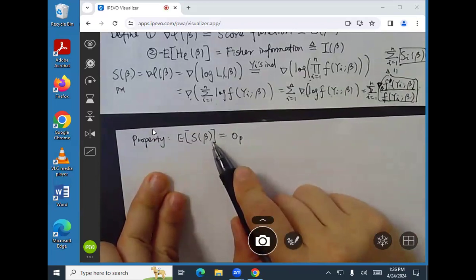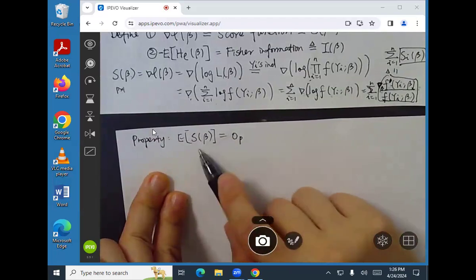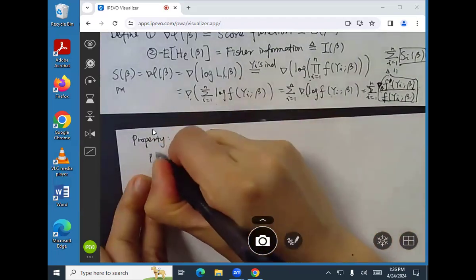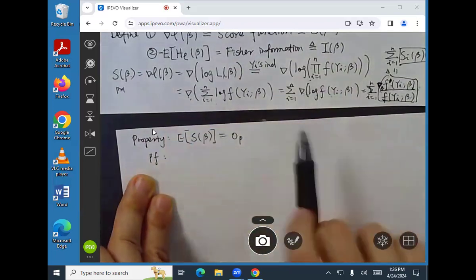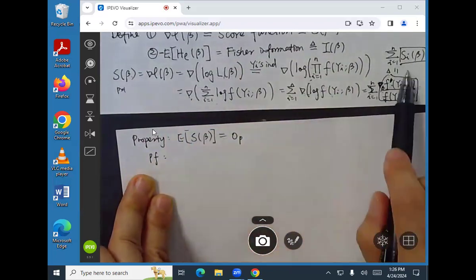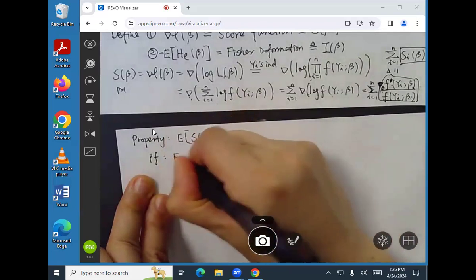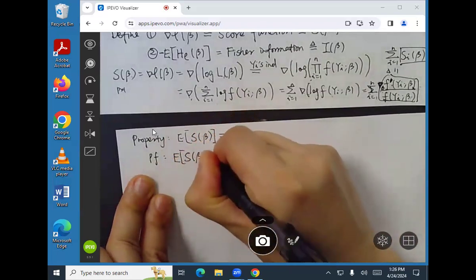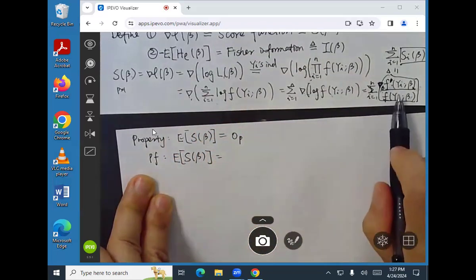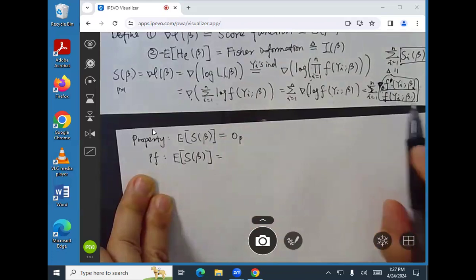How do we prove it? The proof, again, involves changing the order of differentiation and expectation or integration. So we're putting what we have from here. The expectation of S(beta) is just, I put this expectation around it.